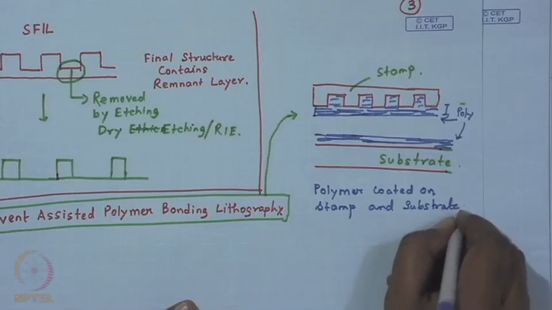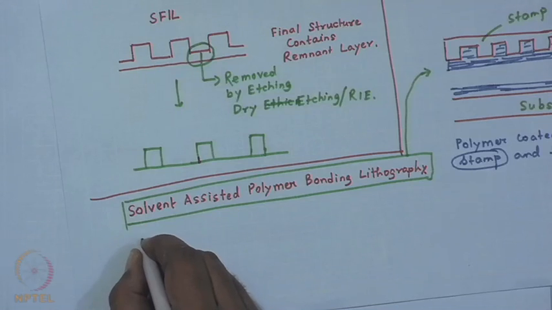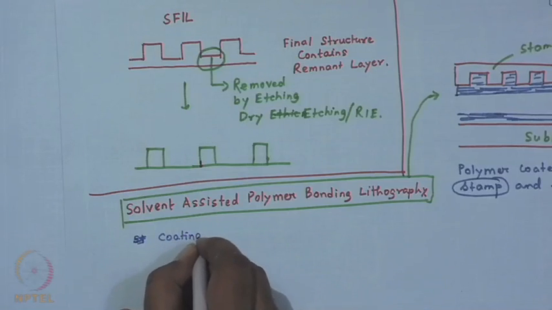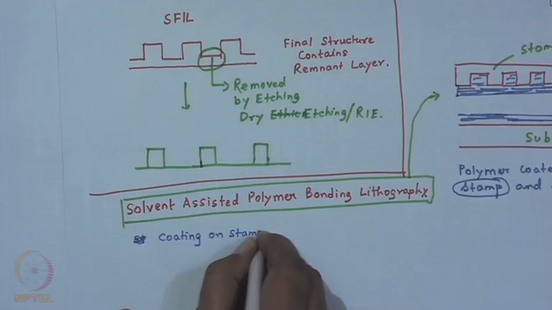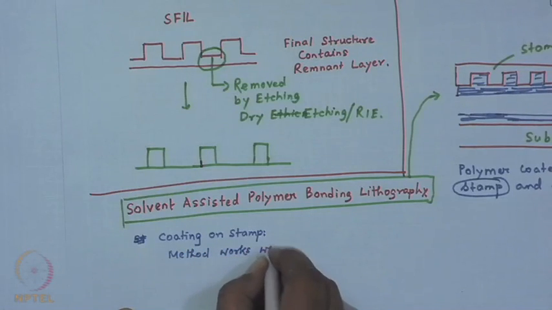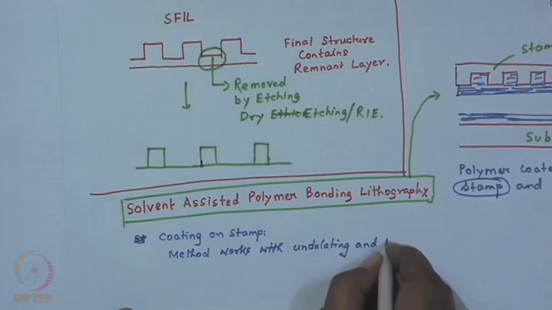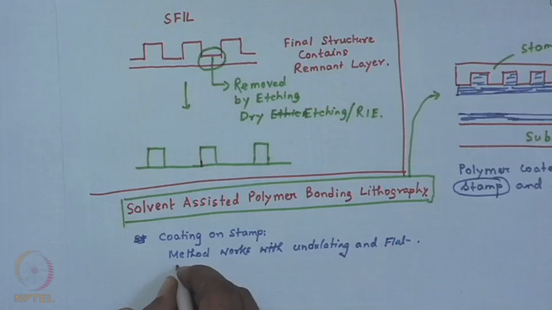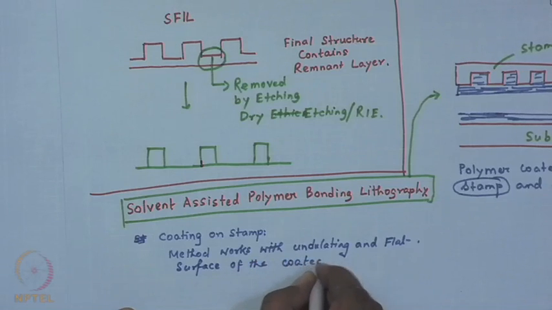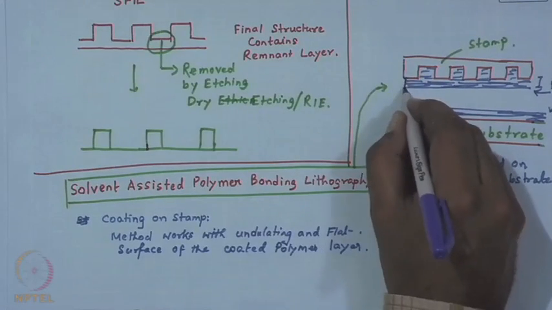Important thing to remember is that coating on the stamp will work with both undulating and flat surface of the coated polymer layer. Let me just remind, we are talking about this layer.